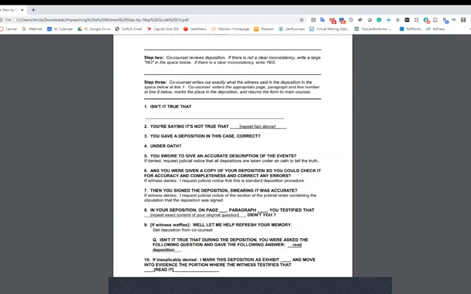So the idea is if you nail them, awesome. That's all you need to do, right? Because the jury's going to be like, what? He said one thing and said something else? And that's all you need. But if they start to argue with you, if they say they didn't say that, then move the deposition into evidence, right?